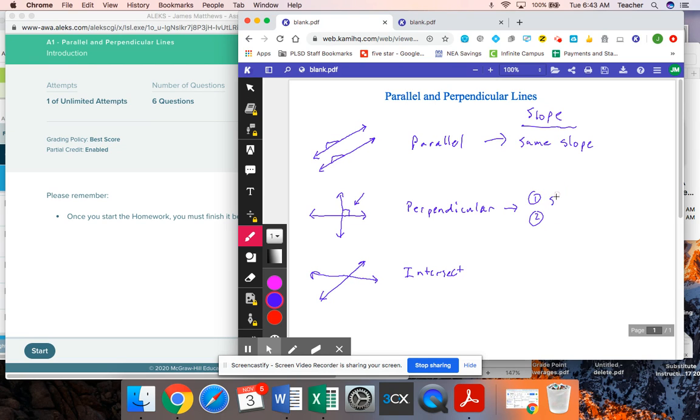One, the slopes are reciprocals. They flip reciprocals. And the slopes are also opposite signs. And I'll go into detail about that in a second. And then when lines intersect, the slopes are just different.